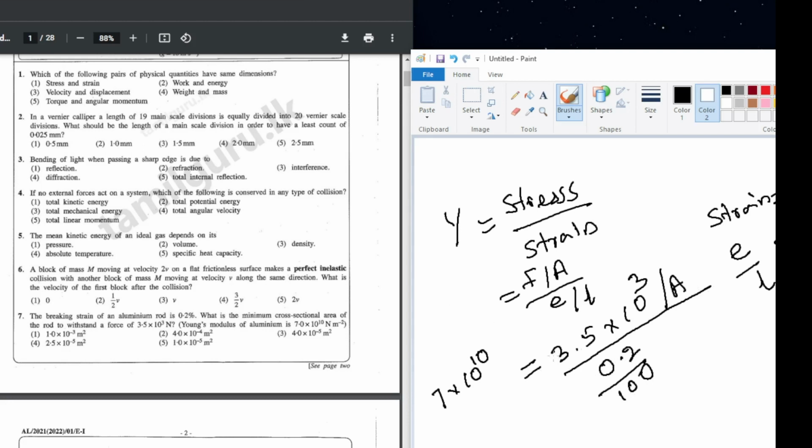Here 2 times of 3.5 is 7. 10 to the power 3. Deduct 3 from this, 7. Then you have 2 times 10 to the power 7 equal 1 over A divide by 0.2 over 100.